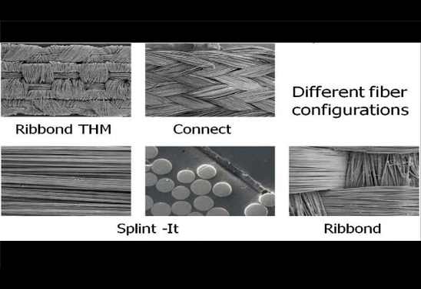They have different fiber configurations. The Ribbond THM material and the original Ribbond are a lock-stitch Leno weave. These weaves tend to be crack stoppers. The Connect material, also a polyethylene material, is basically a braided weave, which tends to change in its shape, and the fabric shifts within the composite.